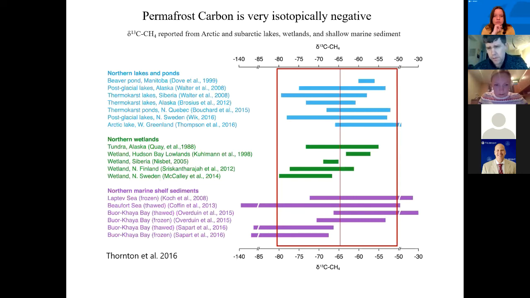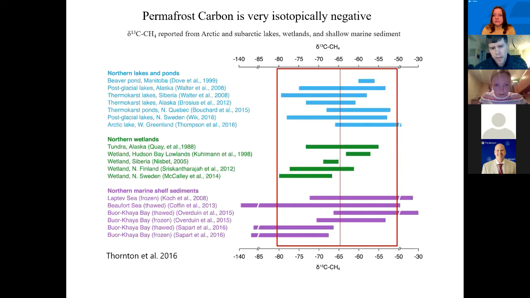The other alternative could be that it's from the permafrost itself, because look, if you see thermokarst lakes in Siberia, you have a very old Pleistocene carbon deposit. Same here in Alaska. Most of the isotopes I collect are negative 73, 38,000-year-old gas being released.